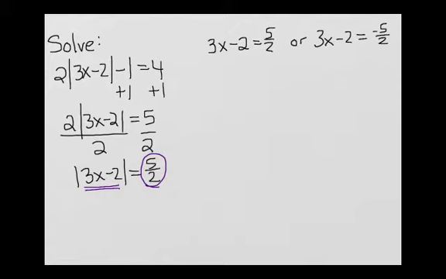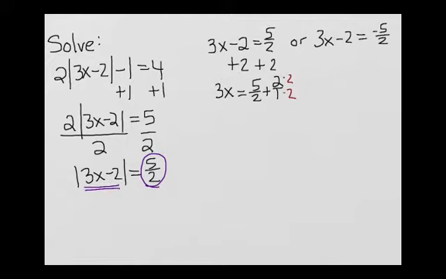We'll solve the one on the left first, and we'll start off by adding 2 to both sides, and that gives us 3x is equal to 5 divided by 2 plus 2, but we can think of that as 2 over 1, and in order to add these two together, I need to have a common denominator.